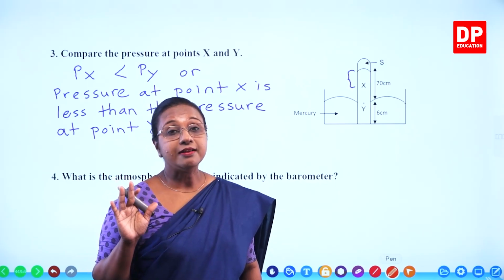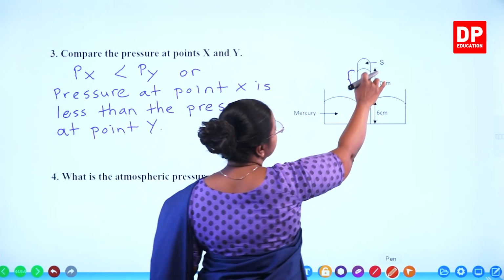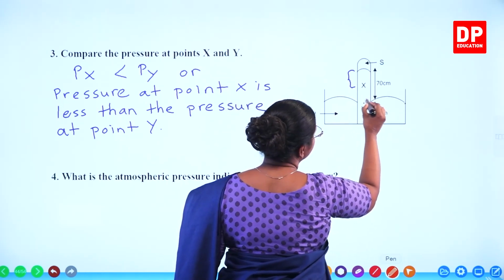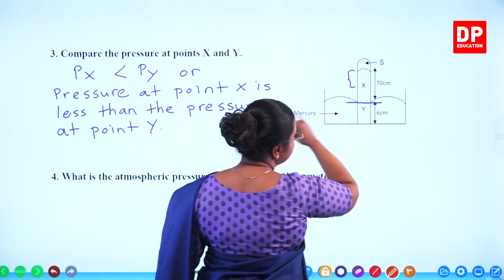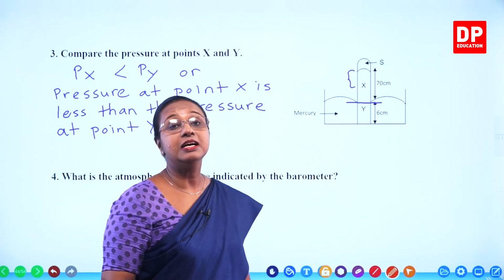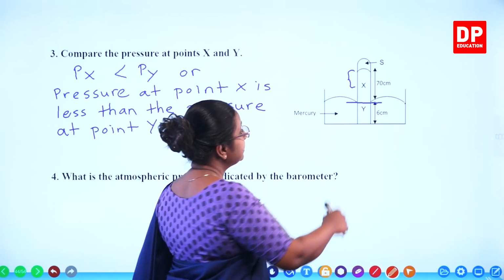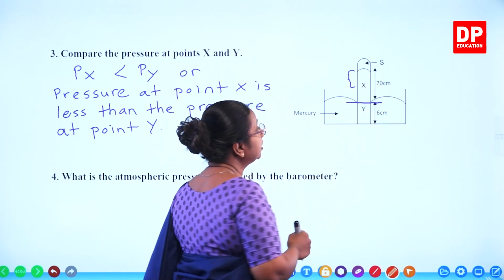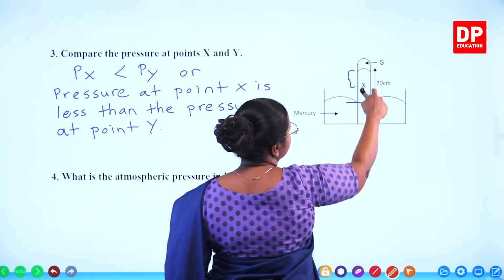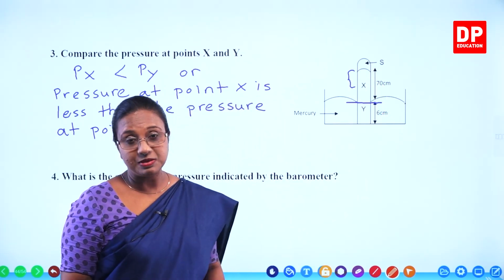No. You all can remember, students, when we measure the height of the mercury column, it is the difference between this point where it is along the level of the mercury inside the vessel. The height is from that point up to the top of the mercury column. So that height has been given to you as 70 centimeters.